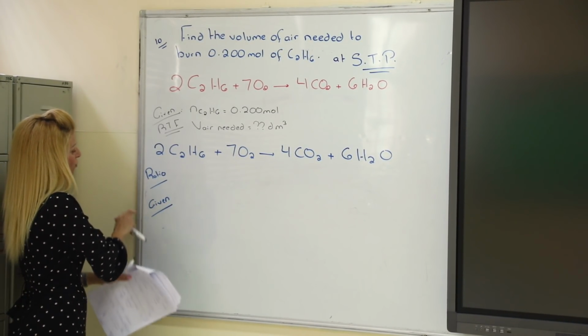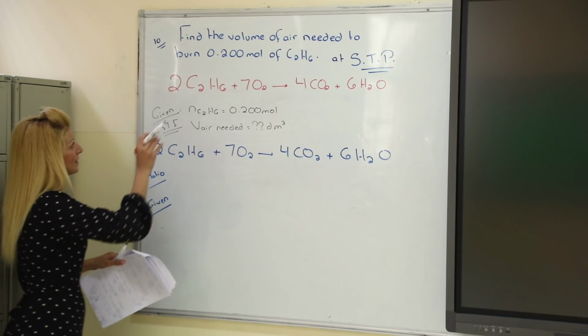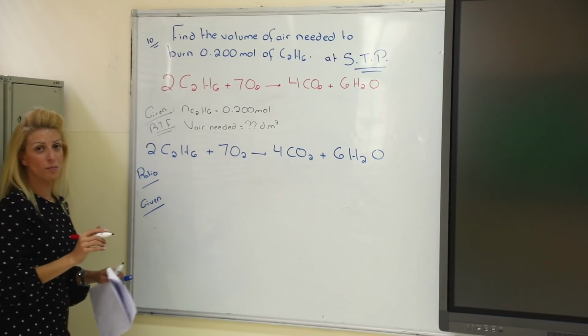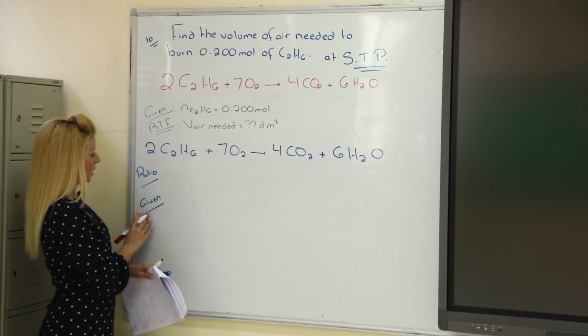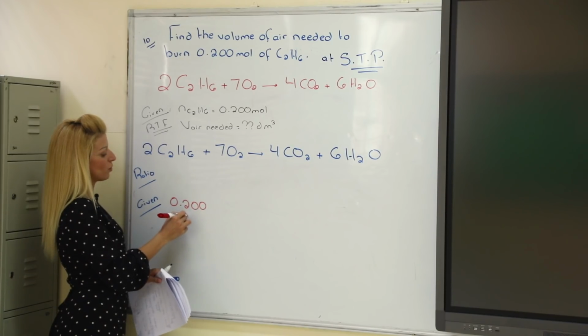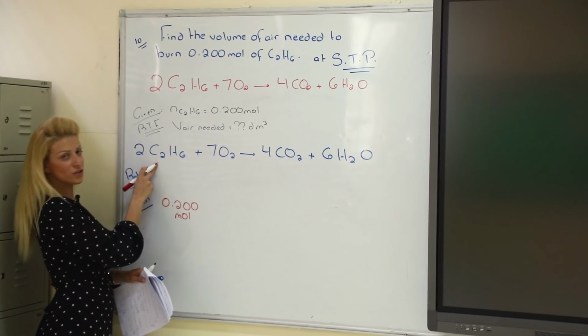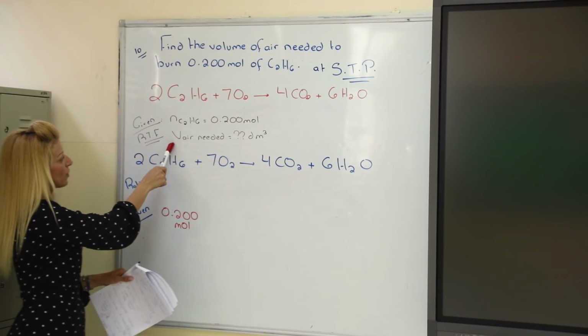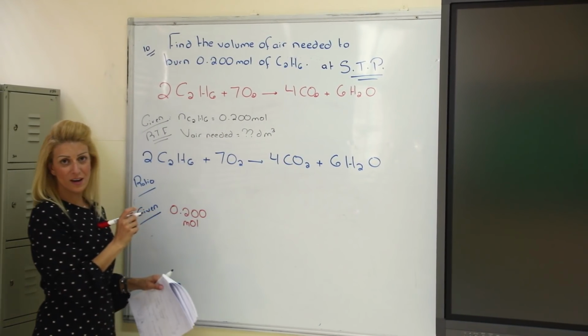So we write our ratio and our given. The given is from the original question, which is 0.200 moles of C2H6. So I wrote it under C2H6. We are required to find the volume of air needed.